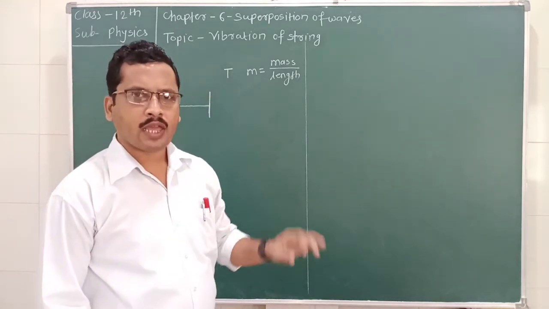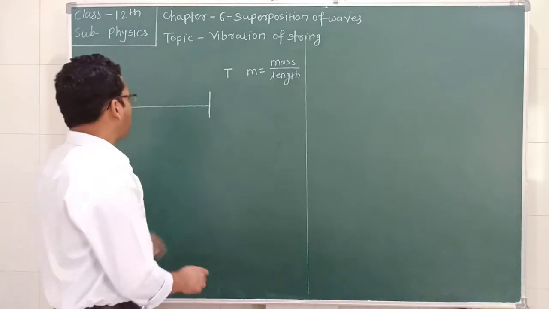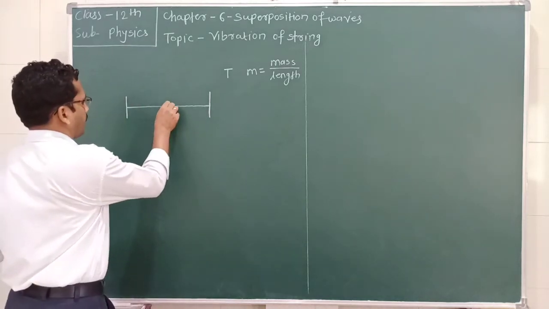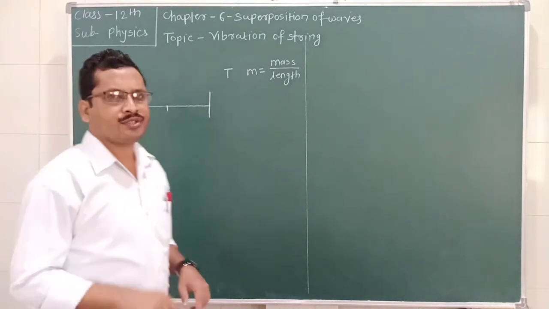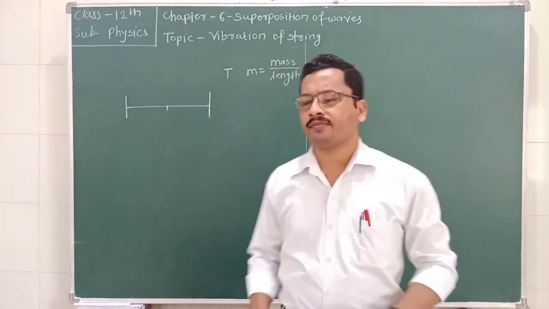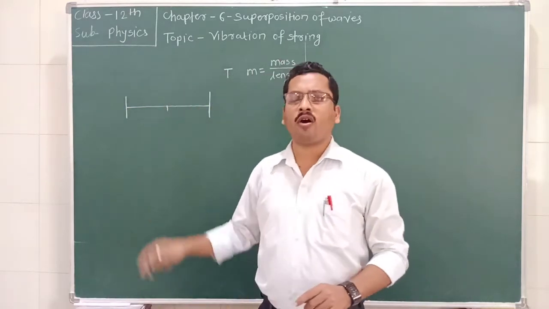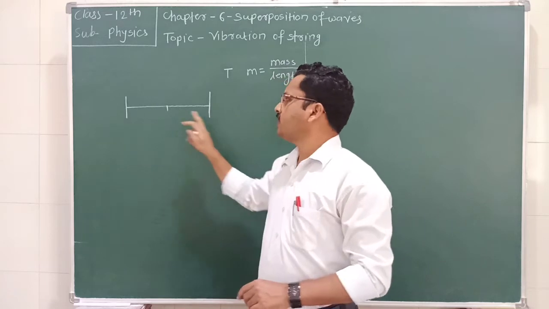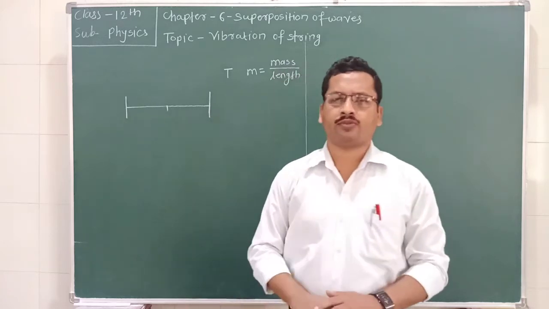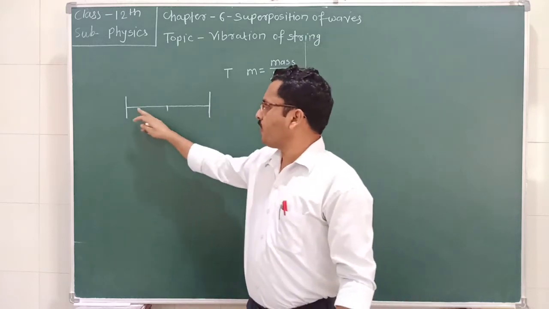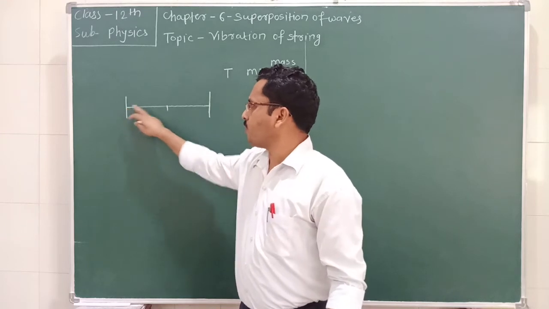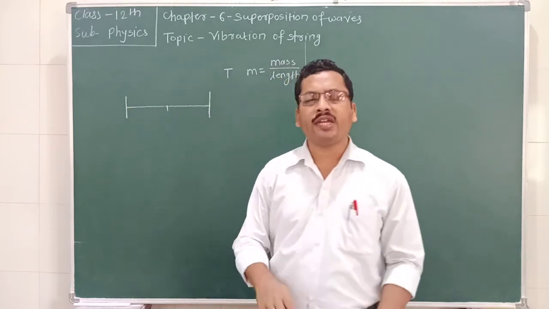Now if we pluck this string, then there is a formation of a wave within this rigid support, and when this wave reaches this support and this support, it gets reflected.